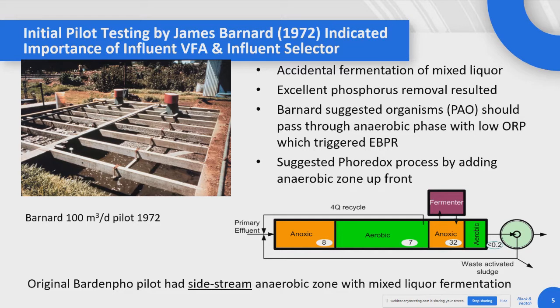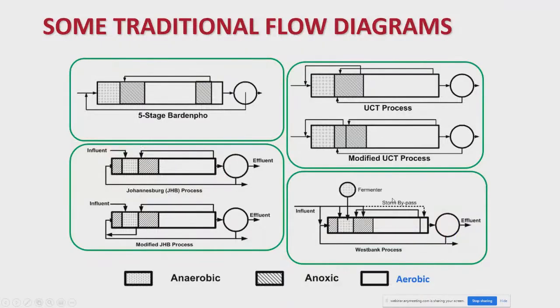What I noticed on the profile, coming in at about 10 milligram per liter, was a release in the second anoxic zone to 32 milligram per liter. I didn't know where that came from, but I knew that I had anaerobic conditions. So I suggested the Phoredox process, which I'll show on the next slide, but with the anaerobic zone up front.